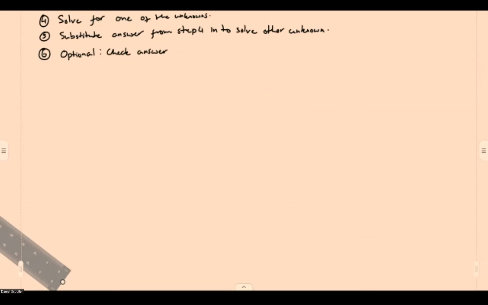Okay, so let's put that wee example up. Now, you might get asked to solve something specifically, but you usually get asked to solve for the unknowns, and you'll get given two equations.